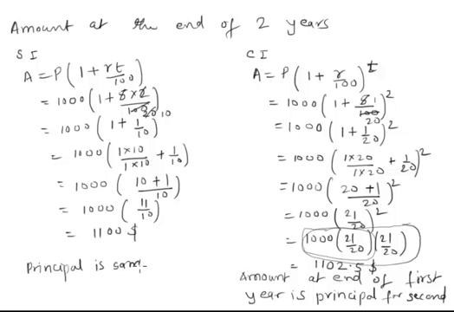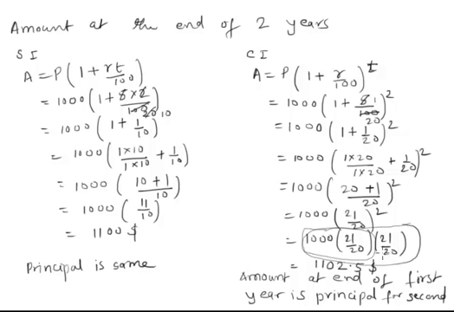If you calculate it for 1 year or 2 years or 3 years, the principal will not change. If it is 1000, it will remain 1000 for all of them. Here the principal keeps on changing. The amount at the end of the first year becomes the principal for the second year. This is the difference between simple interest and compound interest, and this is how the amount varies at the end of the year.